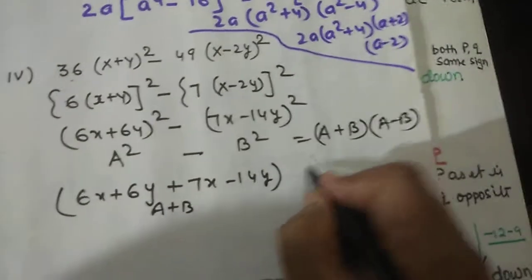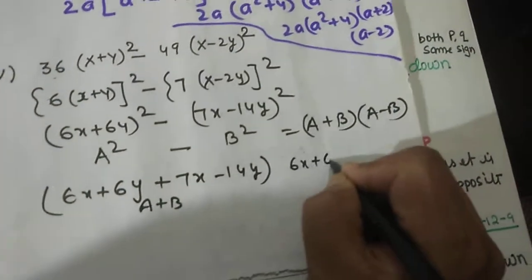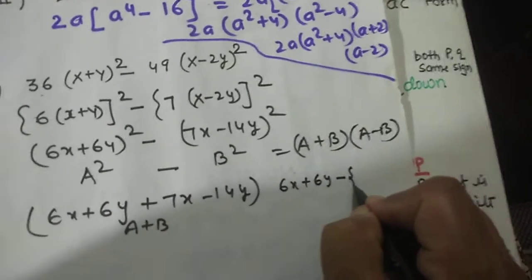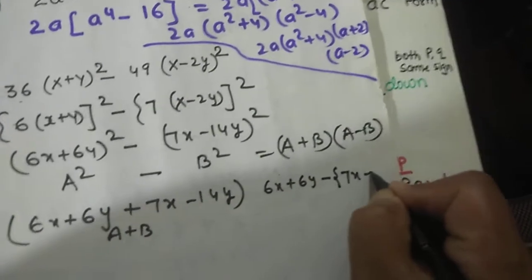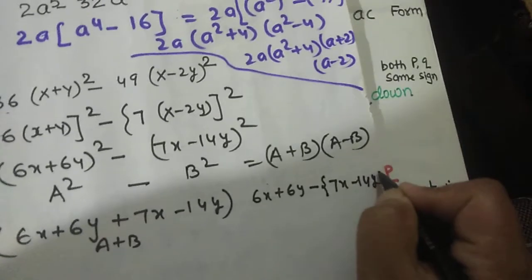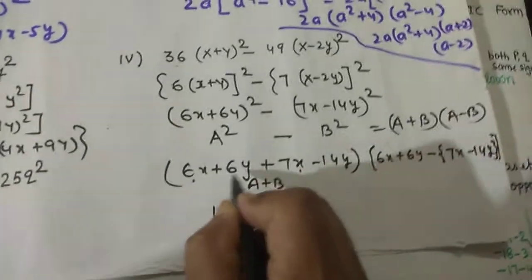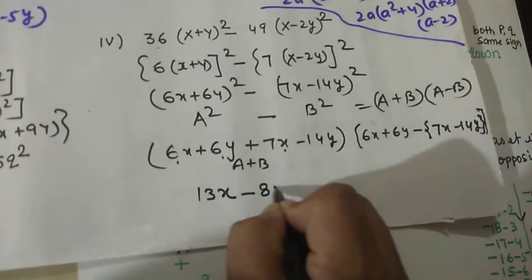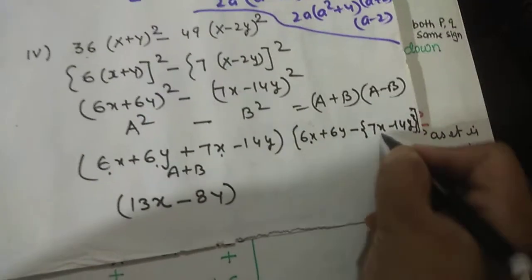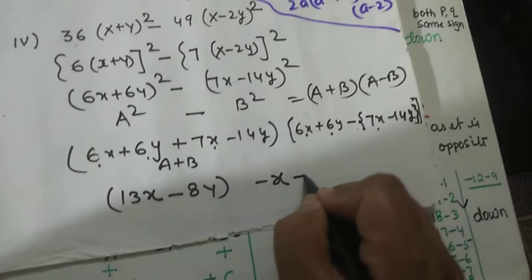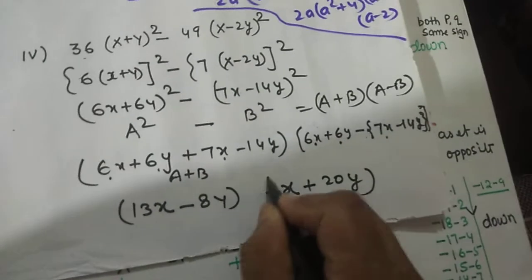Now 6x plus 6y minus, again two values, so we will keep the bracket, 7x minus 14y. So 6x plus 7x is 13x, 6y minus 14y is minus 8y, 6x minus 7x is minus x, and 6y minus 14 is plus 20y.